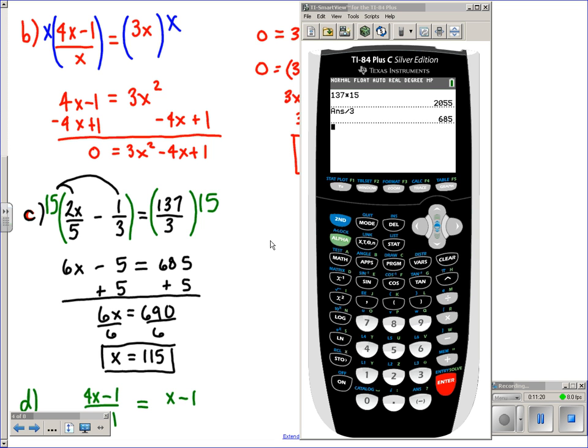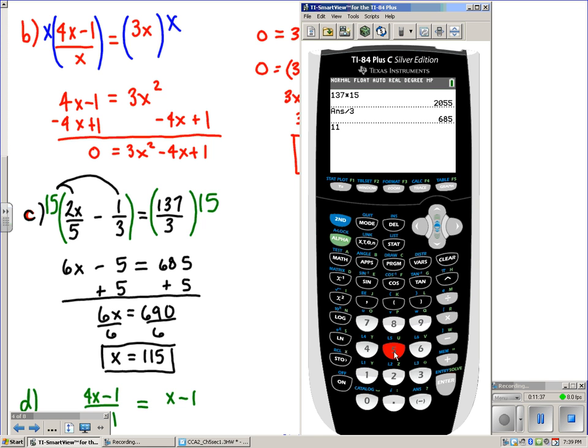Actually, you know what? Let's use the test function here. This is something else you may not be aware of on the calculator. So let's set our x value as 115. So 115, store as x.